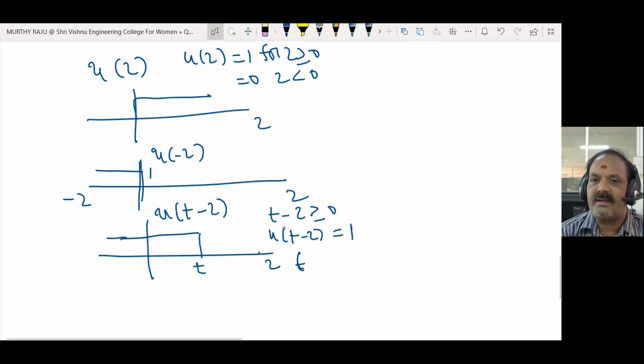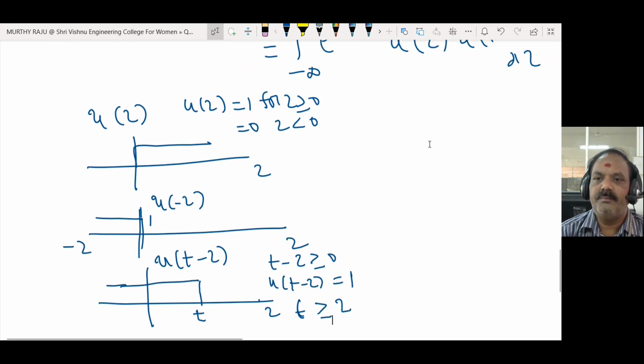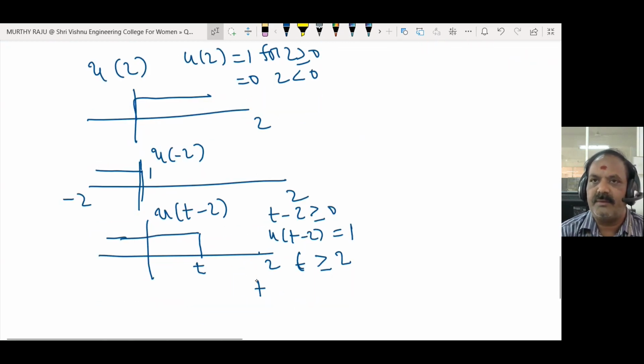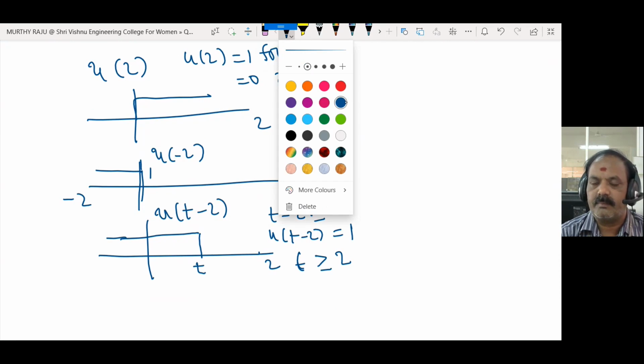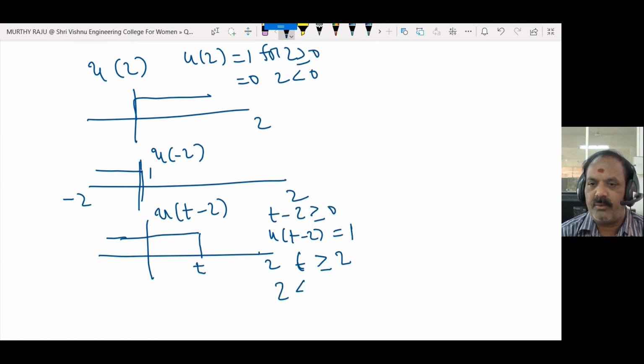T minus tau greater than or equal to 0 means t greater than or equal to tau, that is, tau less than or equal to t. Here tau greater than or equal to 0, u of tau value is 1. Tau less than or equal to t, u of t minus tau value is 1.